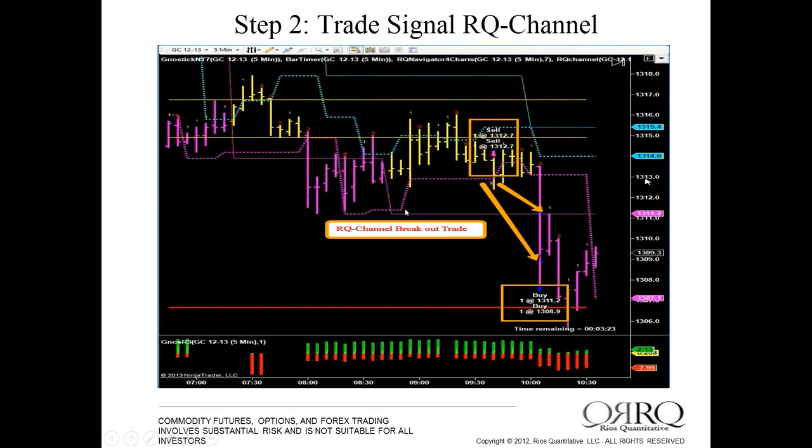Here's the closer up perspective on the gold. He sold 2 gold right here. One came out at the midpoint of the zone. He then had another target at 75%, and this is where he came out. He came out of the first one at 13.11.20, which was 150, and then came out of the second one at 13.08.90.